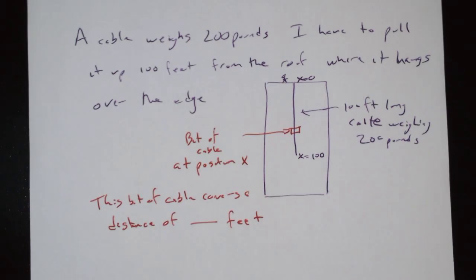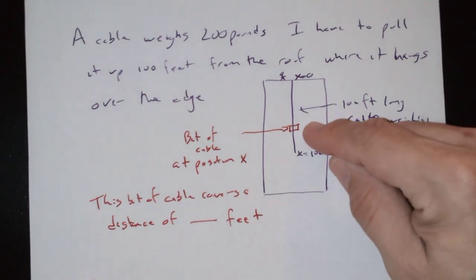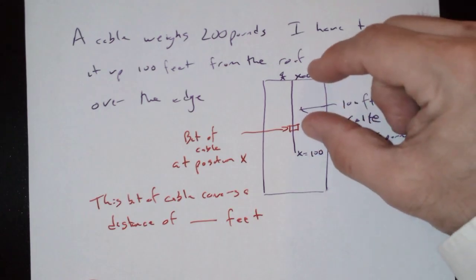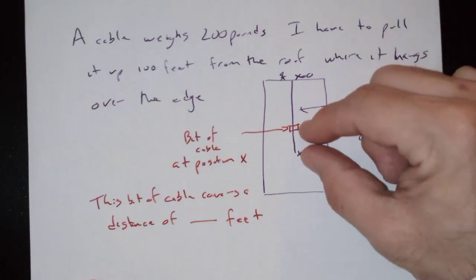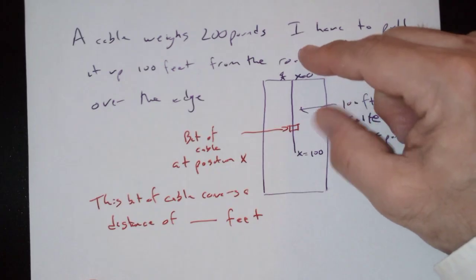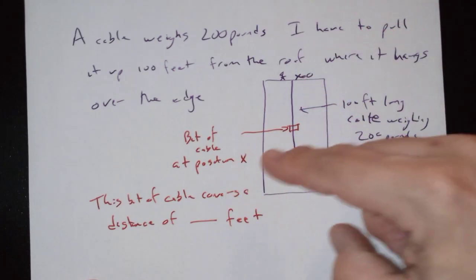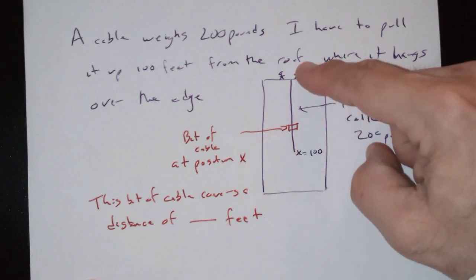It's at X. Where is it going to go to? So it's got to go up there. We're going up. So I actually need it to go X feet. It's got to go from X to 0.